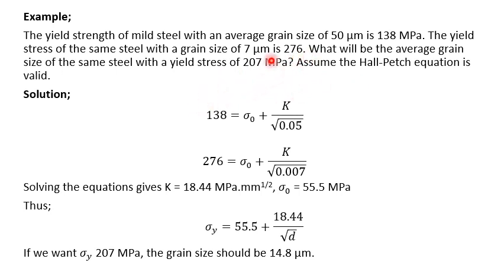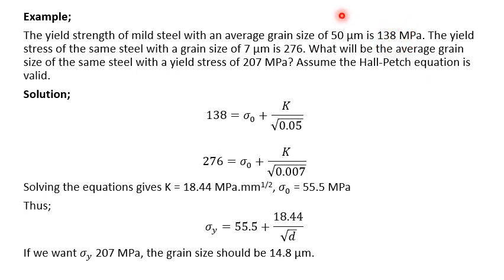The first thing to note from this example is that with decreasing grain size from 50 to 7 micrometers, the yield stress increases from 138 to 276.